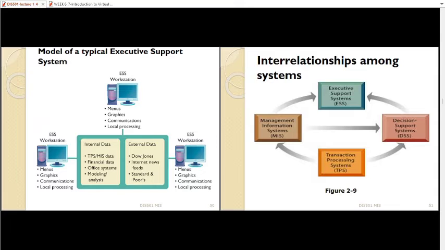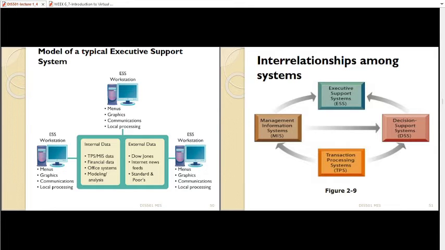And I must also mention that sometimes we can have the DSS even within the strategic level, but in most cases it's within the middle management. Some textbooks will give you DSS within the strategic level, but generally we expect it to be within the middle management.